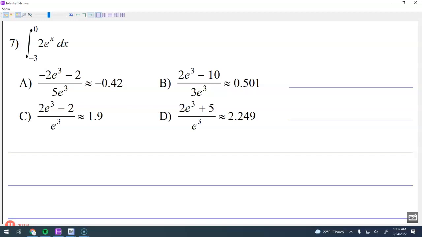What'd you get, Caleb? C. C. I don't know how to do it. I can't really process it all in my head. Seems reasonable. It has to be a positive answer. Why?